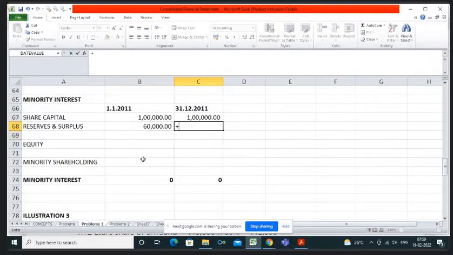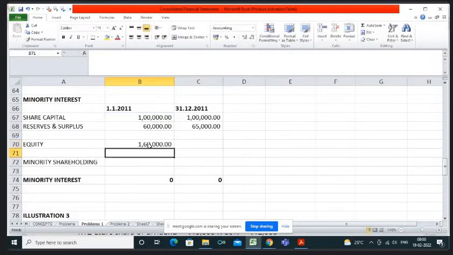Then we have to add the current year profits and deduct the current year dividends, so it will become 65,000. And what is the equity? The total equity is capital plus reserves and surplus. On the date of acquisition, it was 1,60,000. On the date of consolidation, it was 1,65,000.